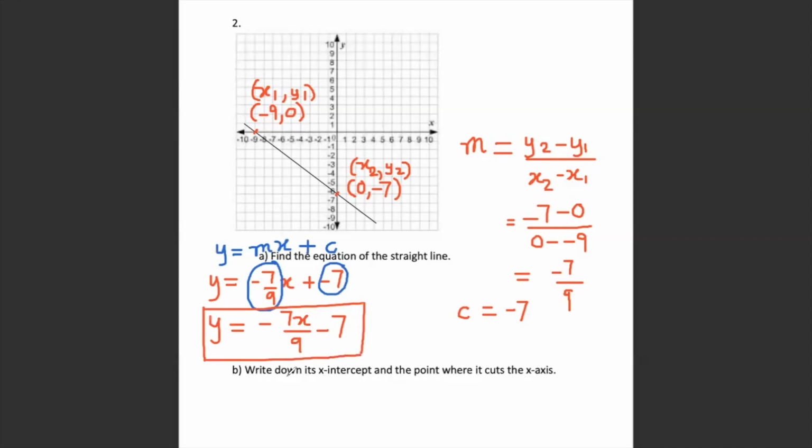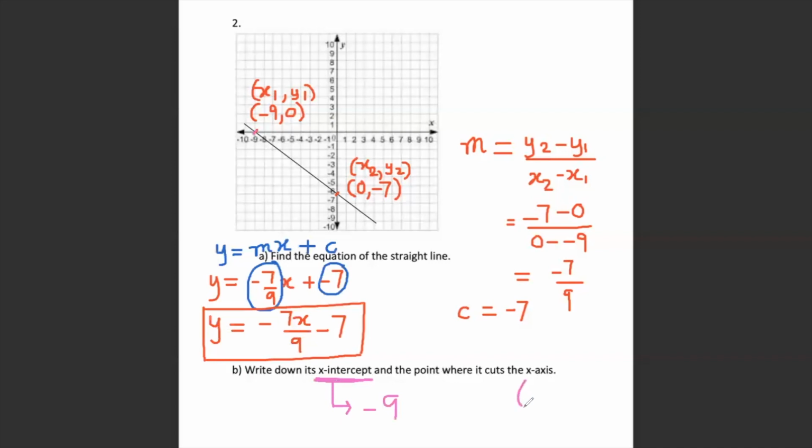So the next question says, write down its x-intercept and the point where it cuts the x-axis. So here, the x-intercept means where does the line cut the x-axis? So if this is the x-axis, the line cuts it here at this point. So the x-intercept is -9. And the point where it cuts the x-axis, so here they're asking us for the coordinates of the point.